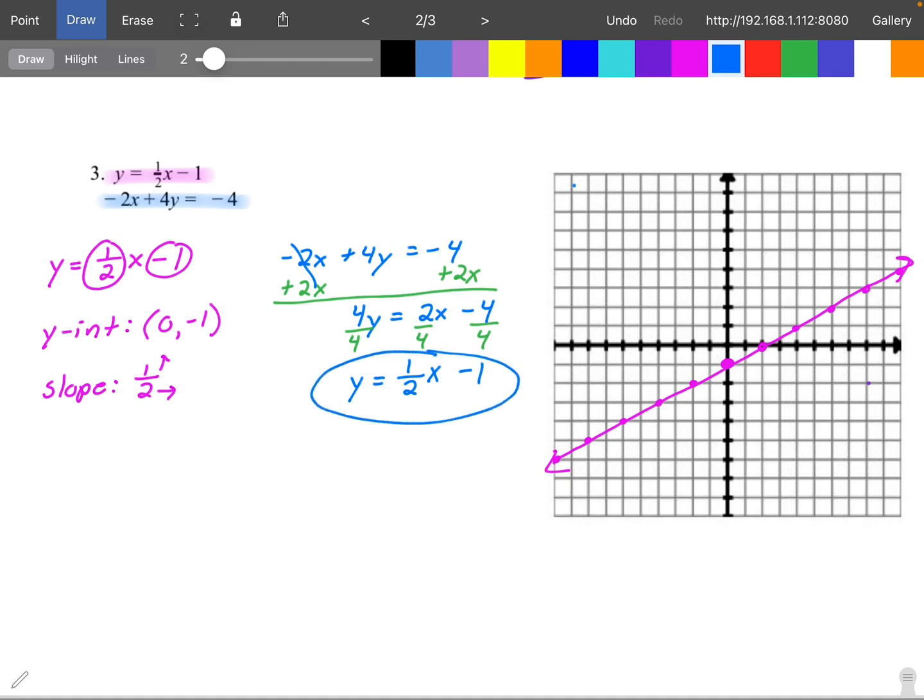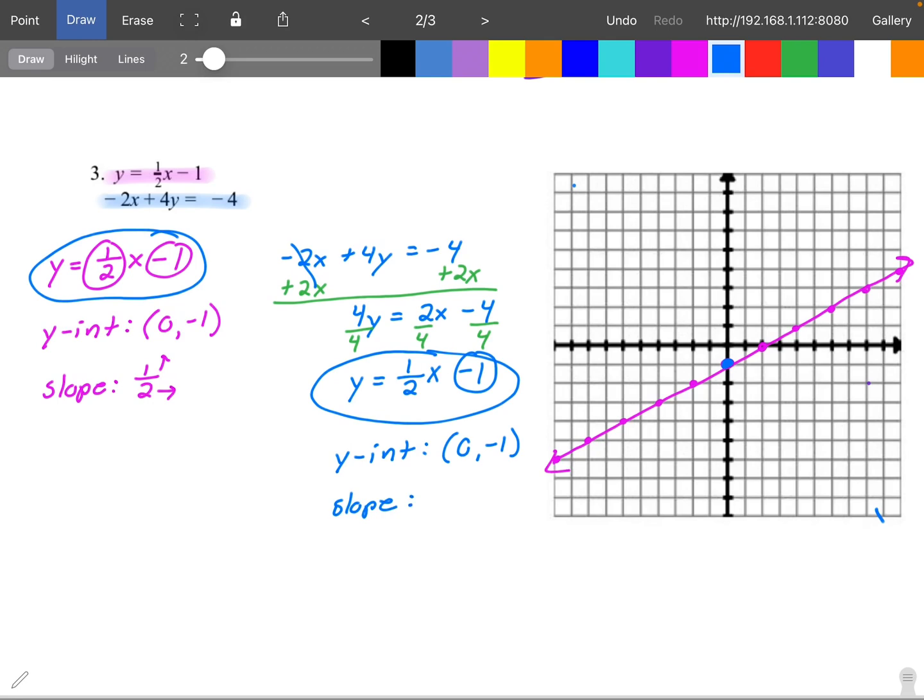Well, look at this. This is the exact same line as this, which means when we graph it, we're going to get the exact same points and the exact same line. So we have a y-intercept of (0, -1), because of this negative 1. So our y-intercept is right there, where the other one was.